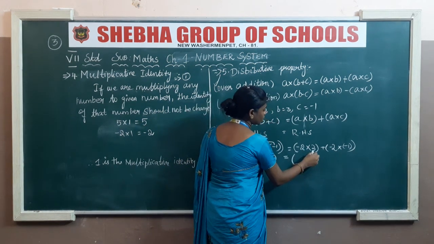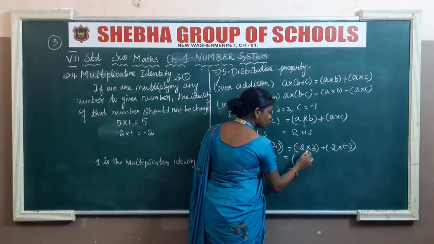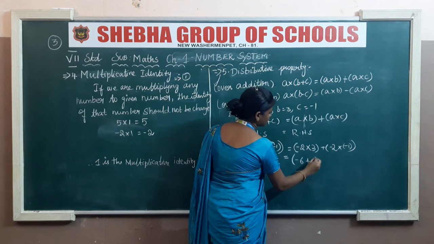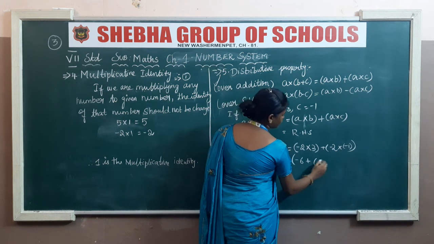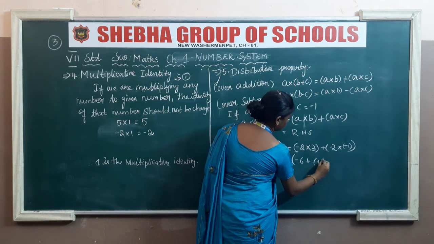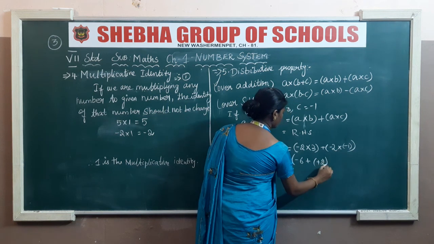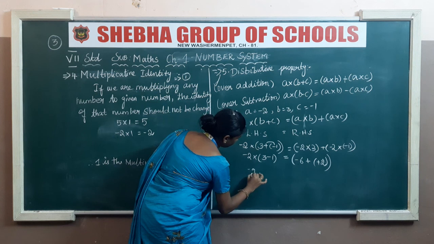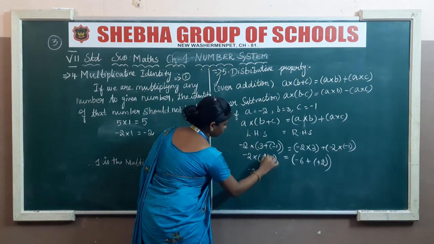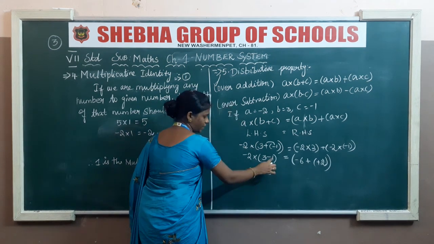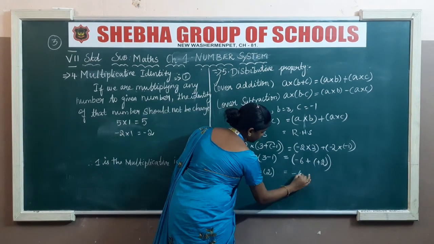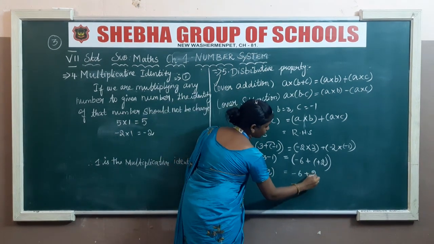Minus 2 into 3: 2 3s are 6, minus into plus should be minus, so minus 6. Minus into minus should be plus, 2 1s are 2. Then minus 2 into (3 minus 1) should be minus 2 into 2, which is minus 6 plus 2.